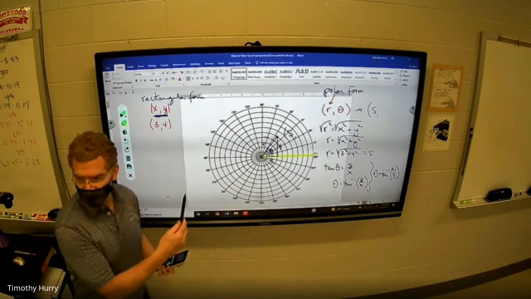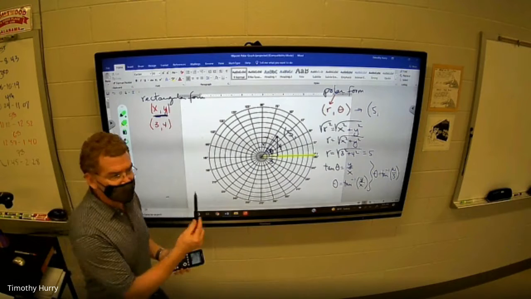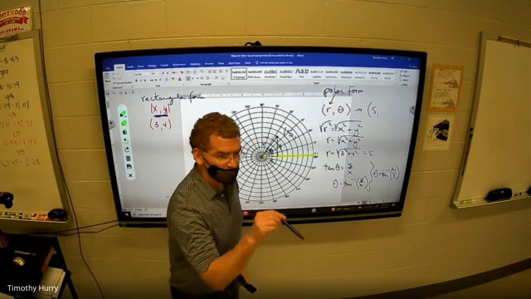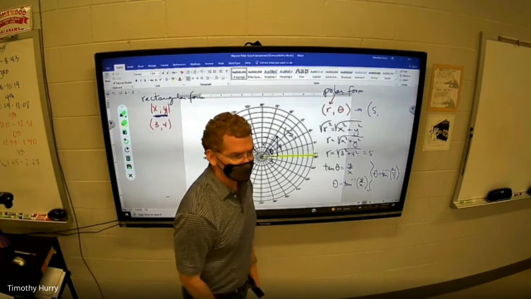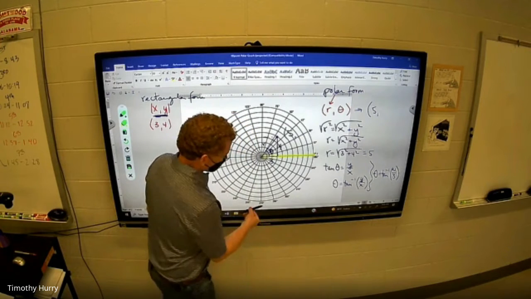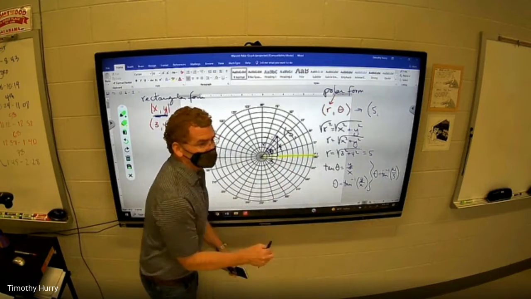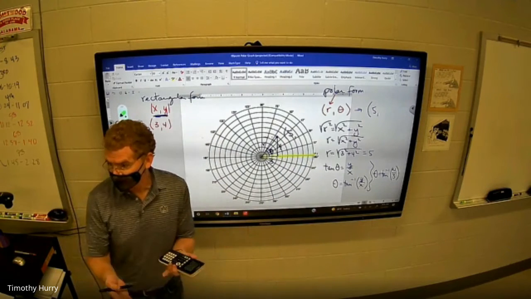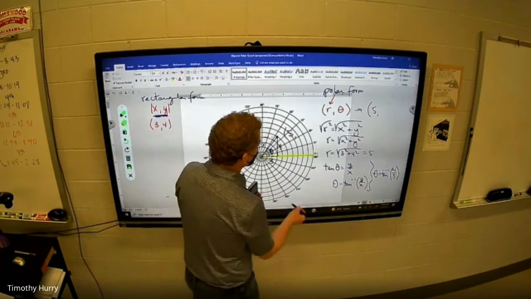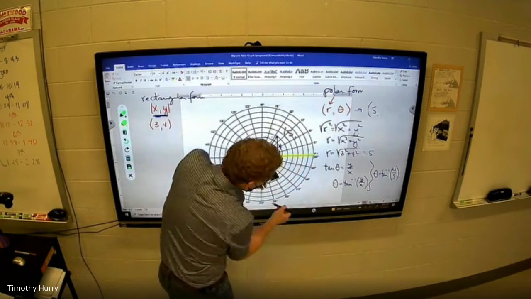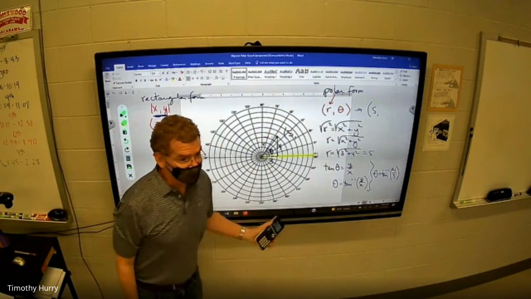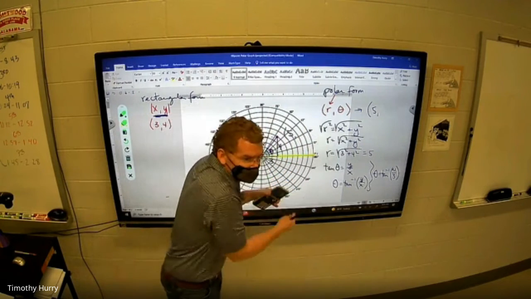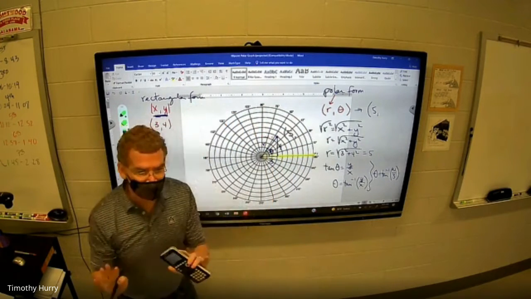If it's in a quadrant where inverse tan is not defined, where is inverse tan defined? Between 90 and negative 90, not including 90 and negative 90, because it's undefined there. But anywhere from negative 90 to 90, not 300, not 330, but negative 90 to 90, I'm okay.